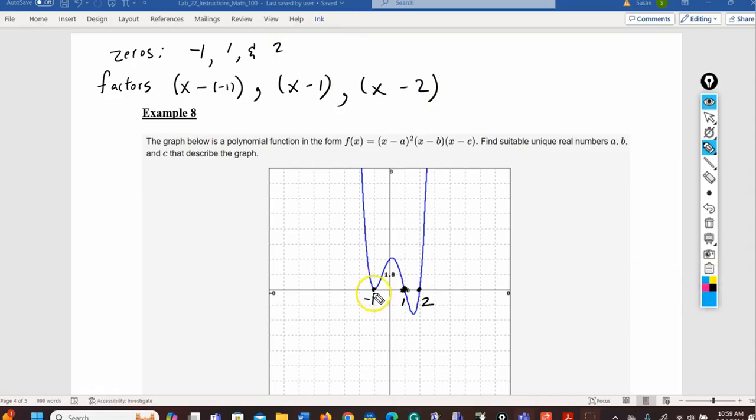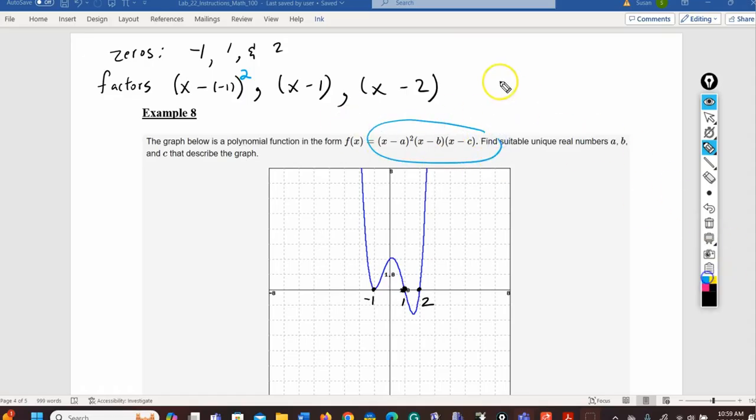At -1, it touches and bounces back, so it will have even multiplicity. So that has to be at least a 2. And it could be a 2, a 4, and so on, but I want to make it fit this template. 1 and 2, they cross through, and so they have odd multiplicity, and so they are repeated at least once. So only once or 3 times, and so on, if I'm going to make it fit into this.